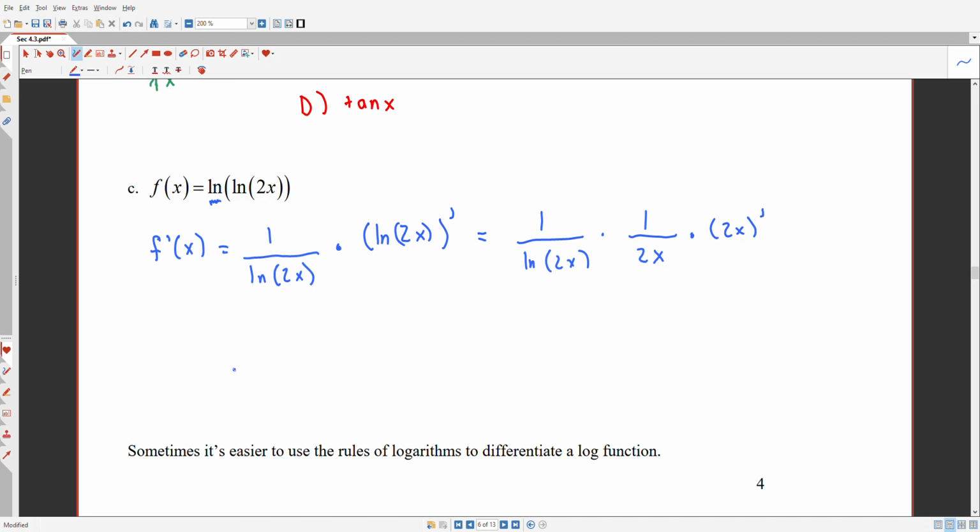And as you should, we can simplify that derivative of 2x into exactly what you think it is. That's just the number 2. We can clean this up a little bit. We can cancel those 2's. So at the end of the day, we can rewrite our answer as 1 over x times the natural log of 2x.